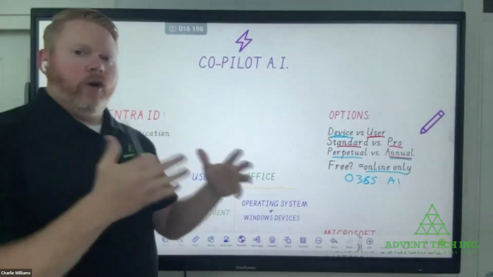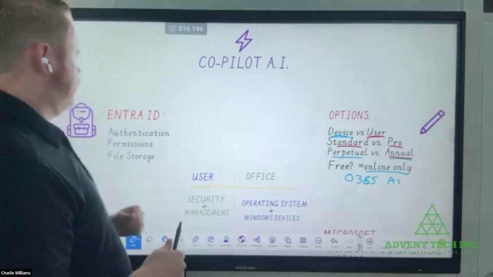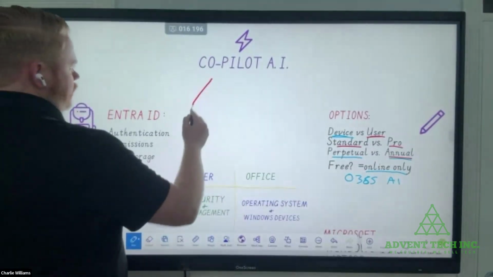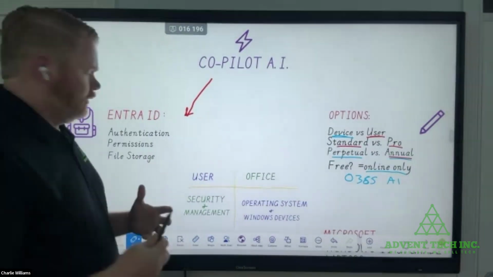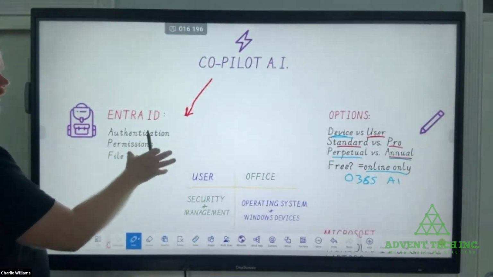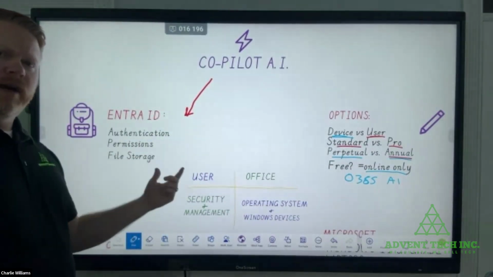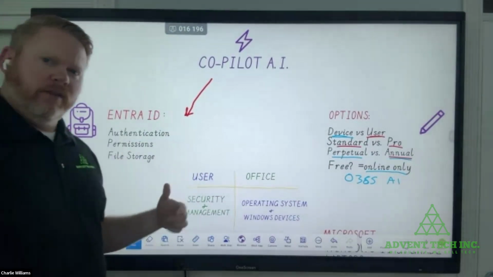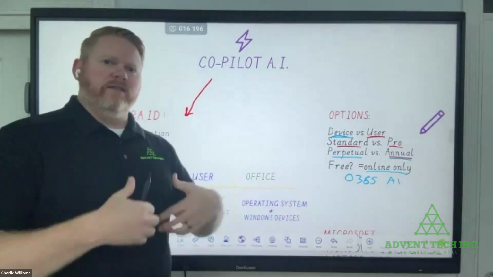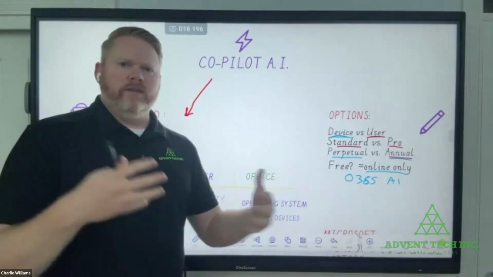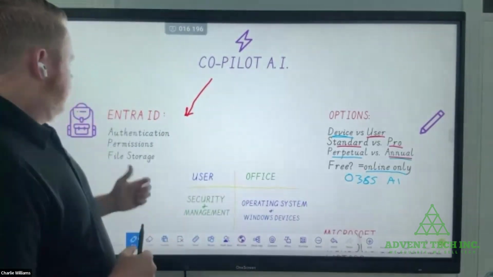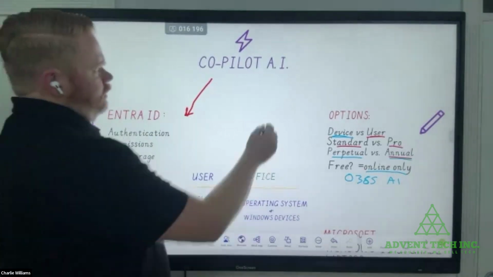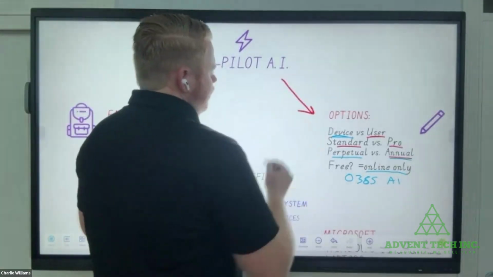But if you buy Copilot for your staff or for your teachers, it is a user license that is used within the user ecosystem, right? You pay for it per user. Now you can search your own file storage. You can search your own emails for information or trends or, which of my quizzes or questions do the students never seem to get right? You can look through your own information, and then you also use Copilot within Office, right?